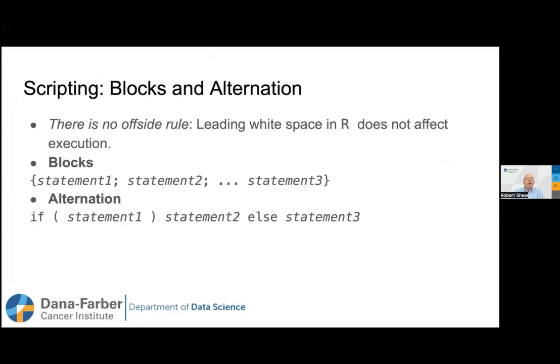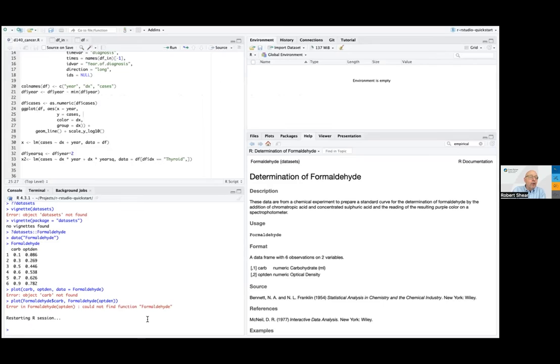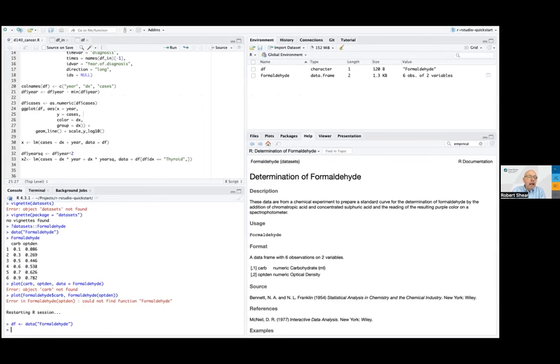So we're going to do a really quick review of. Actually, before I do that, I'm going to go back and we're going to do one or two more things with this data frame. First of all, I'm going to say this time DF for data frame equals data. That's formaldehyde, and there it is.